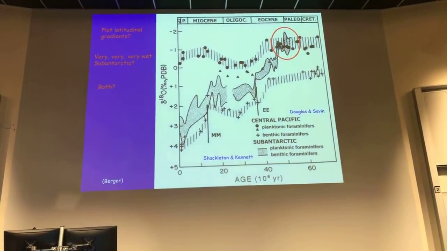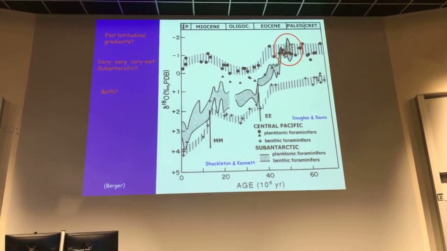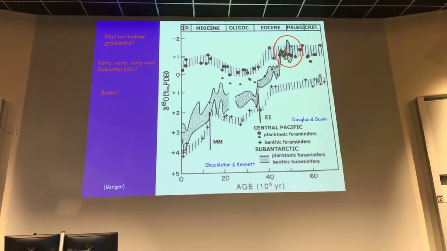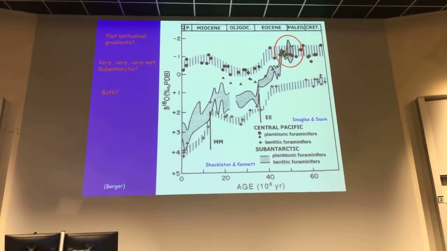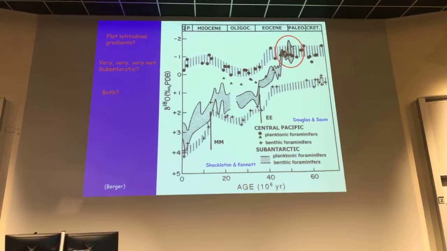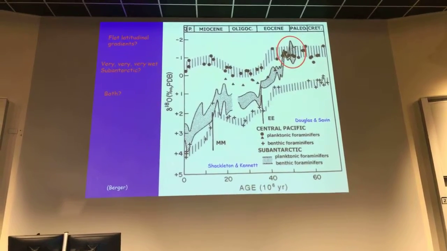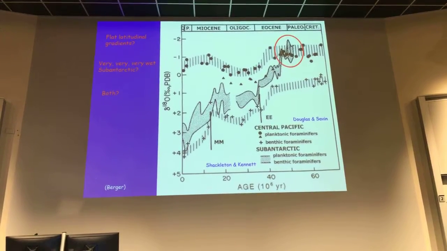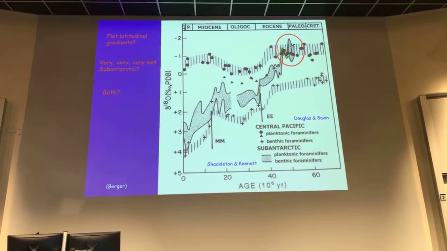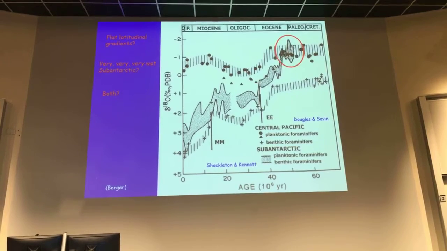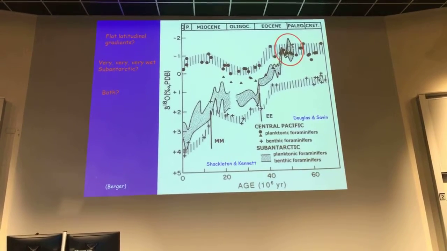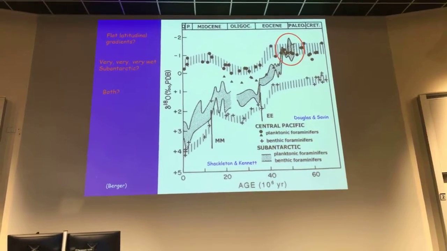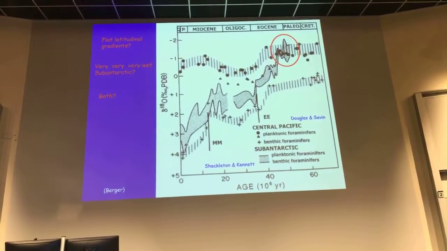They show what one might expect: in the Central Pacific Ocean, the difference between the deep ocean and the surface ocean increases through time, whereas in the far south, in the subantarctic on the South Tasman Plateau, the change is much more parallel between the surface and the deep ocean.